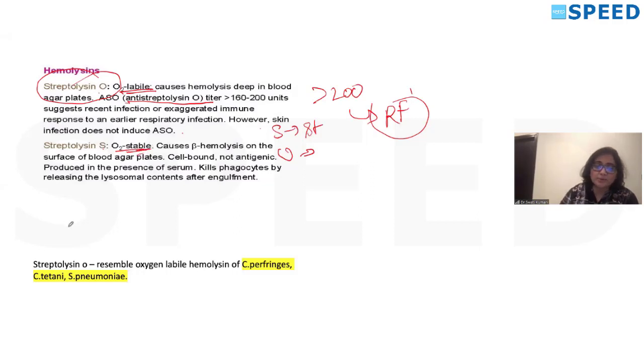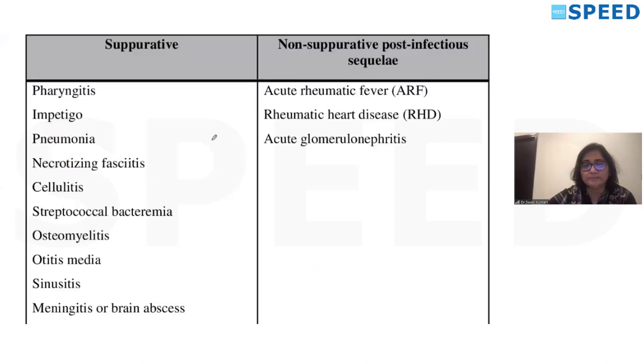Streptolysin O resembles other oxygen labile hemolysins of Clostridium perfringens, Clostridium tetani, and Streptococcus pneumoniae. So this is your exam question: streptolysin O resembles which other hemolysin? Clostridium perfringens, Clostridium tetani, and Streptococcus pneumoniae.